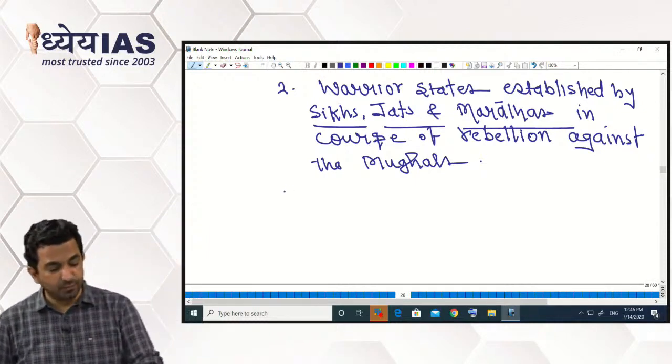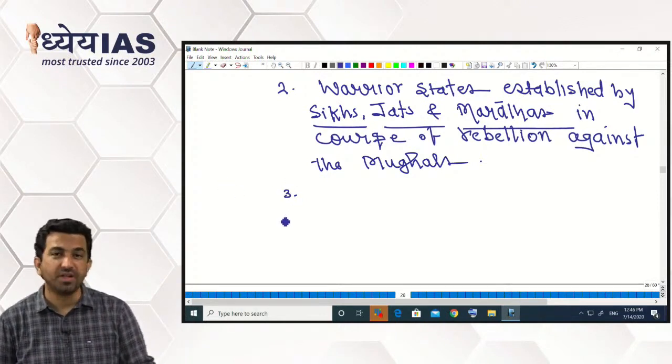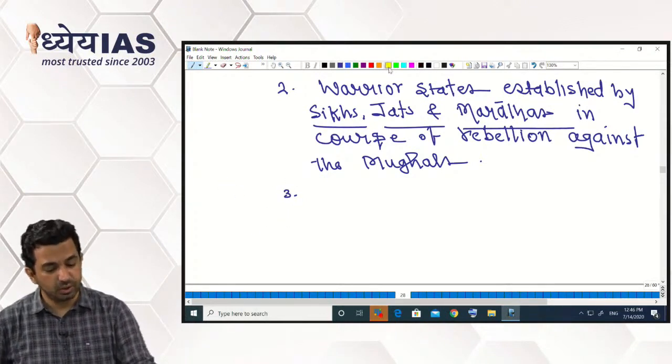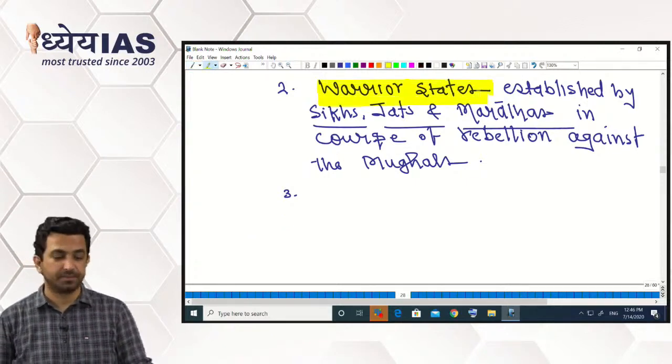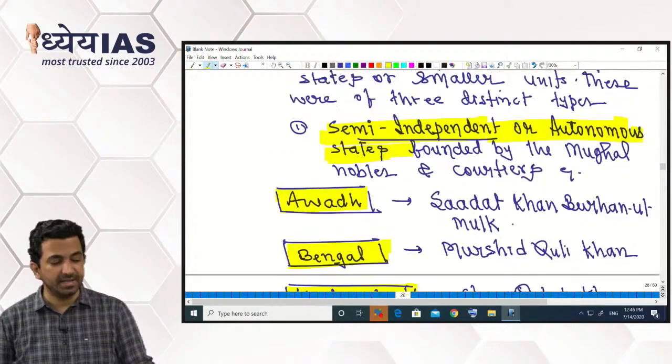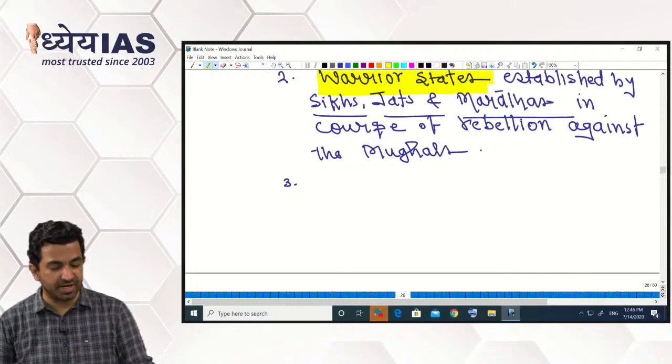And there were several local kingdoms apart from warrior states. There were local kingdoms as well. So, देखिए, second category of state, warrior states. First category, semi-independent. Second category, warrior states.